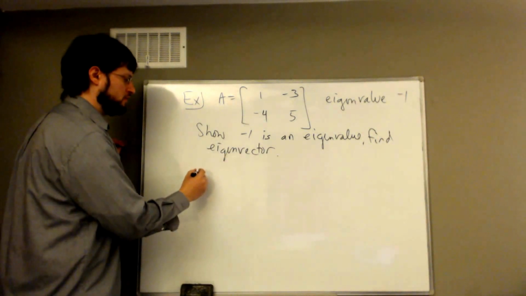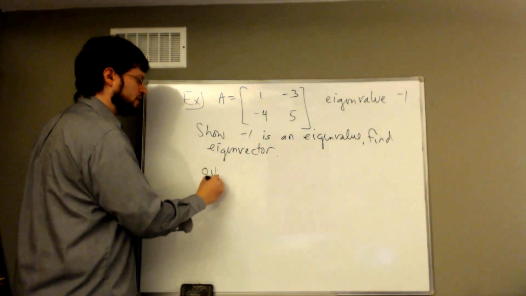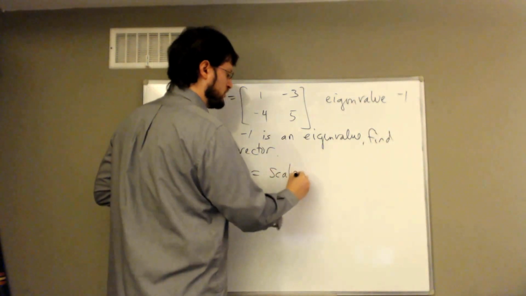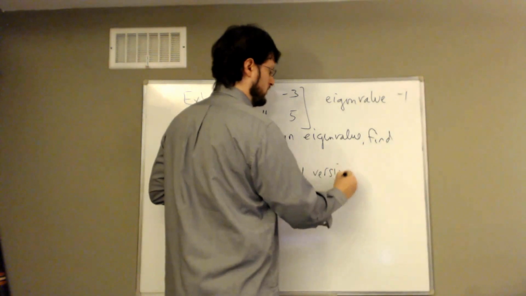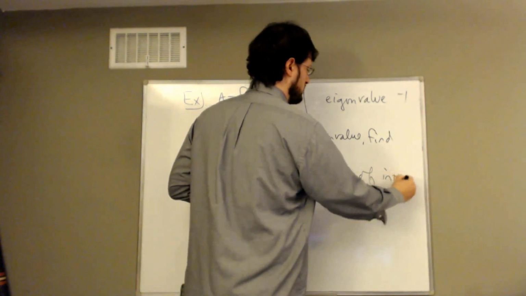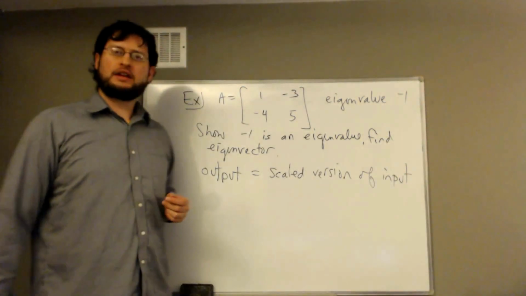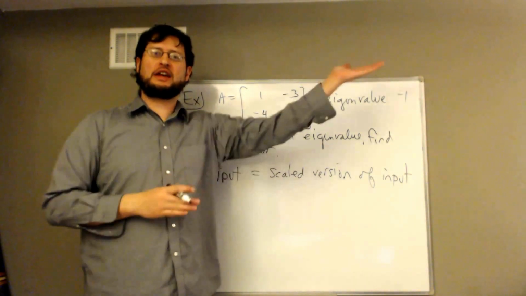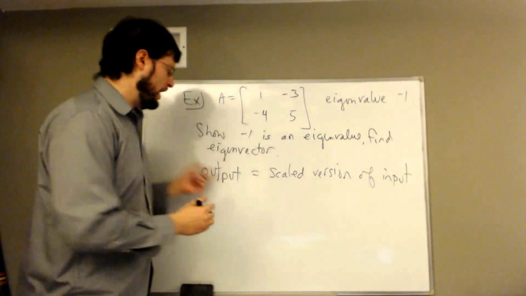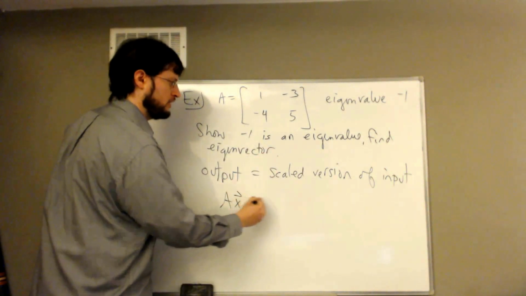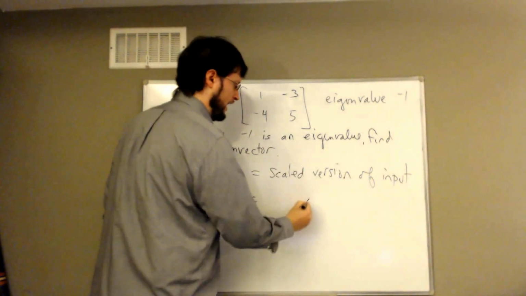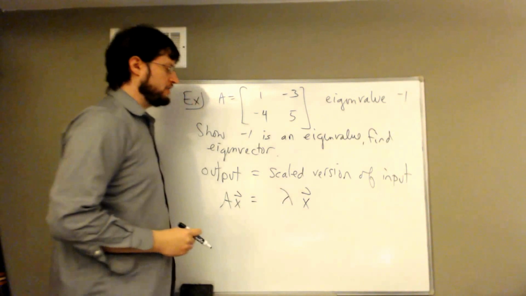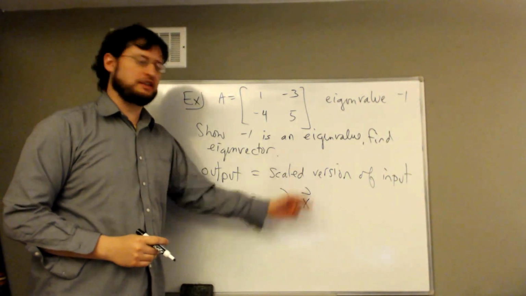So remember what we're trying to do here is we're trying to say, when is the output equal to a scaled version of the input? That's what it means to be an eigenvector, when the output is just a scale of the input. So the output is Ax, and the input is x, and I need to scale this by something, I don't know what, but the symbol that we're going to use all the time is lambda.